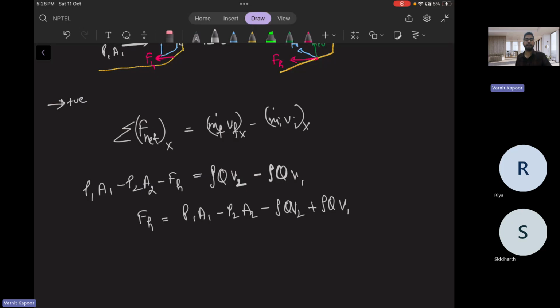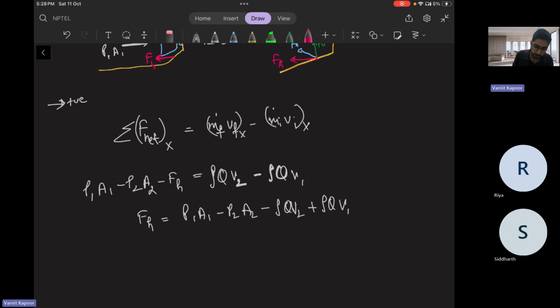We assumed that the force on the fluid by the body was in this direction. If it comes out negative, that means in actuality it would be in the opposite direction. But from physical experience, we can see that on the fluid element, the force by the bend will act like this. So don't worry about the direction.